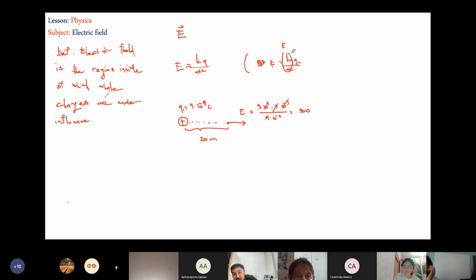So the relation between the force and the electric field is that F equals E times Q2. By this formula, since force is measured in newtons and Q is measured in coulombs, the unit for electric field will be newton over coulomb. So the magnitude of the electric field is 900 newtons per coulomb.